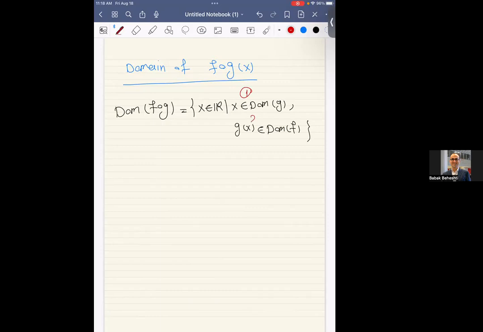So to find the domain of f o g, you have to check two conditions. One, x must be in the domain of g. Second, g of x must be in the domain of f. I will explain, don't worry, it's not something strange. It would be clear if I give you some examples.